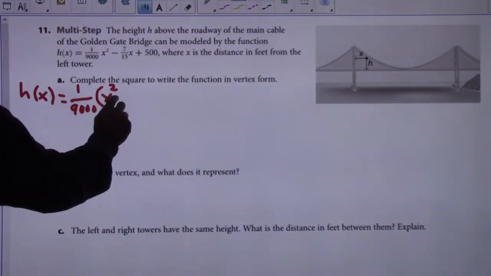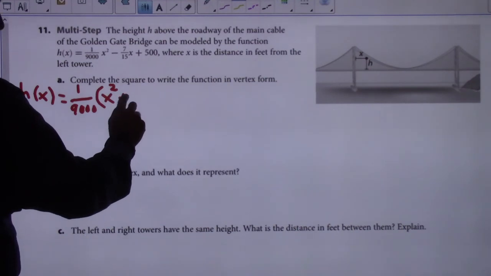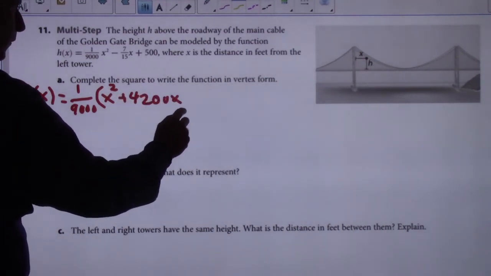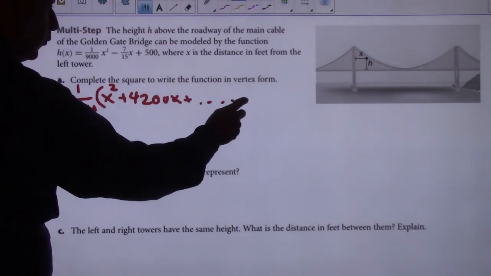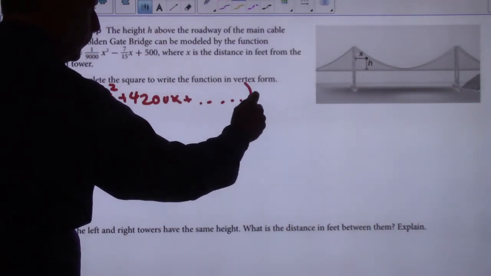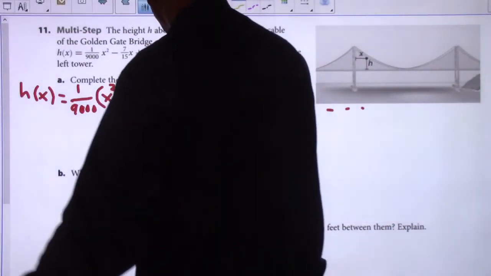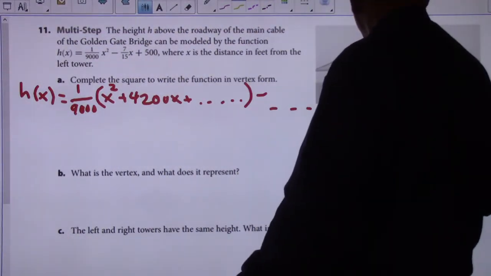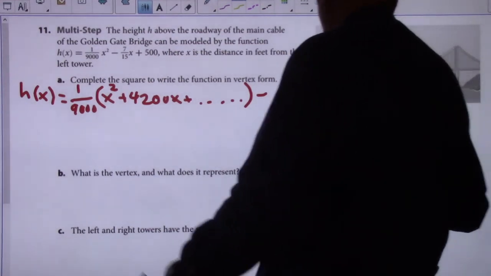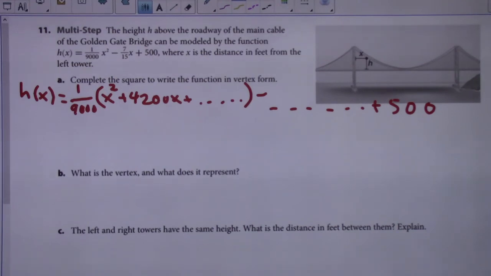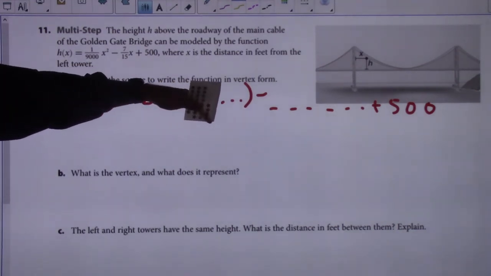So plus 4,200x, and plus, this is our completing the square business here, and then minus something over here, and then we have finally plus 500. So you're doing the same thing, but the numbers are getting pretty big. So how do you determine what number goes in here?